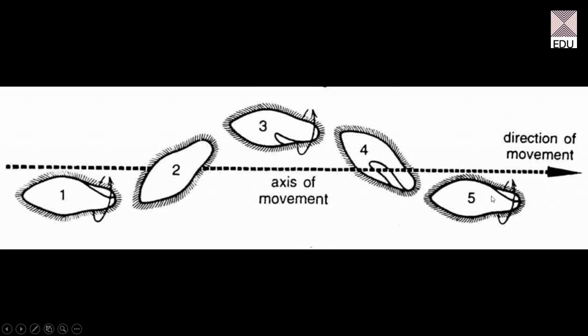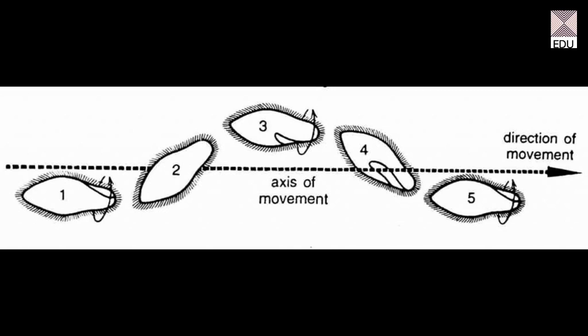Because this is the anterior end. The anterior end is the blunt end and the posterior end is the sharp end. So it is going towards the anterior end, that means towards the right side. It is moving towards the right, but an anti-clockwise spiral movement is shown.